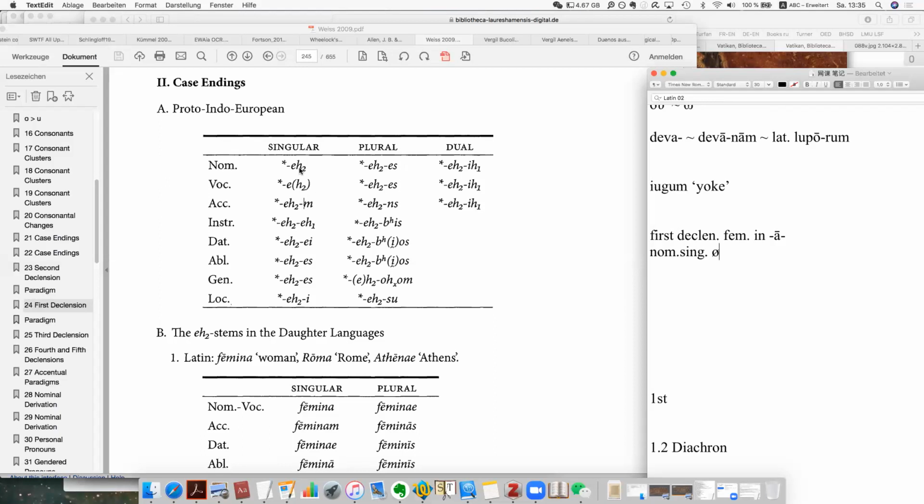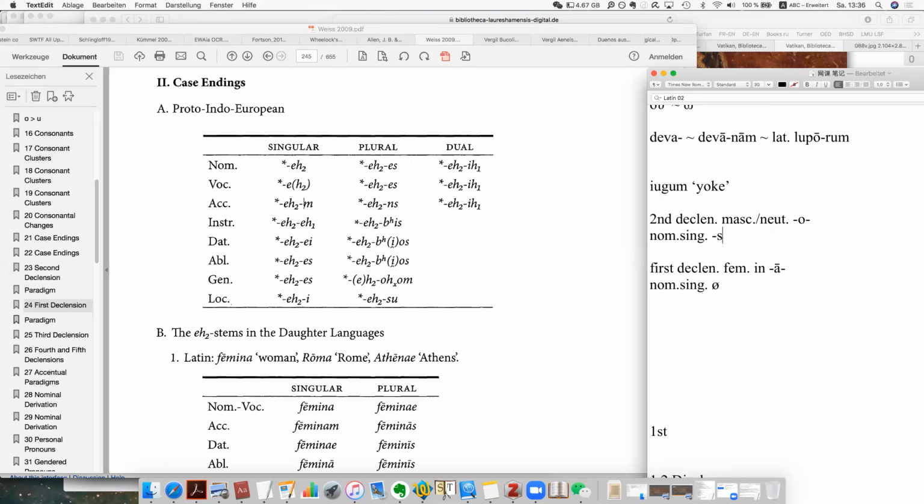So you see, there is no S. The second declension is masculine or neuter, so it's in O, right? And the nominative singular is S.